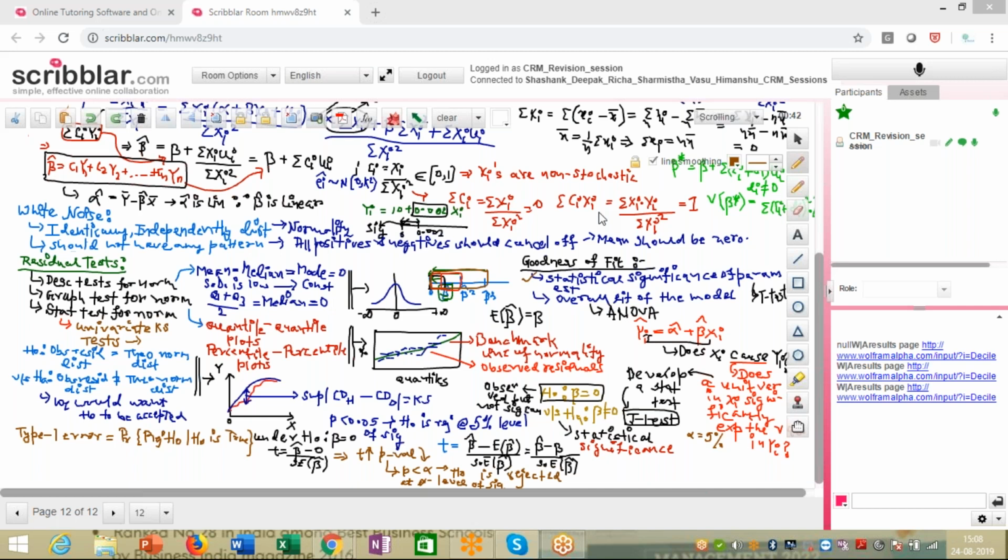I'll say that whatever coefficient this beta hat has over here is just an observed coefficient. It is nothing significantly different from zero. So that would imply that the impact that xi has on yi is nothing statistically significant. Hence, that variable will not be used in the model.